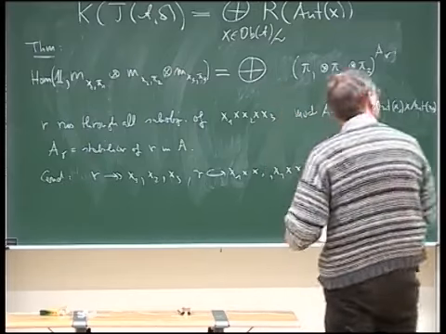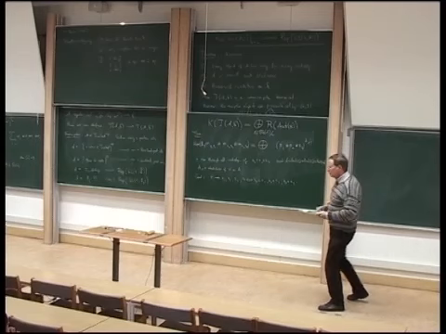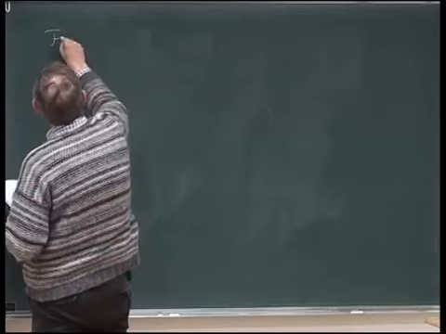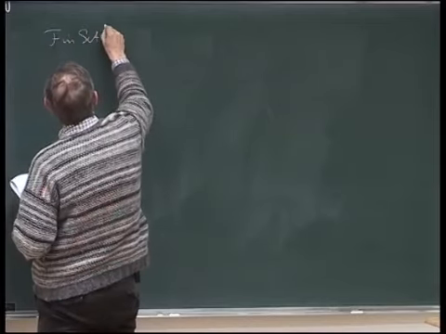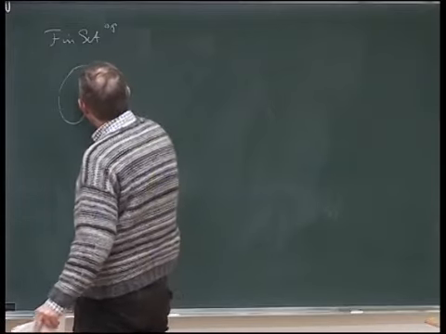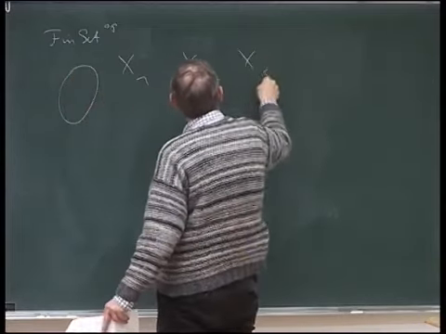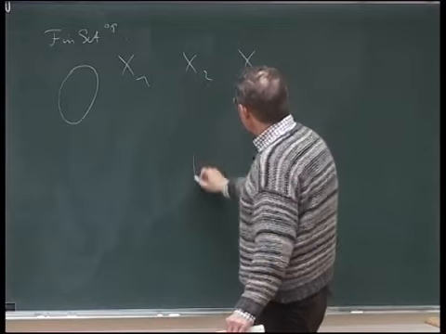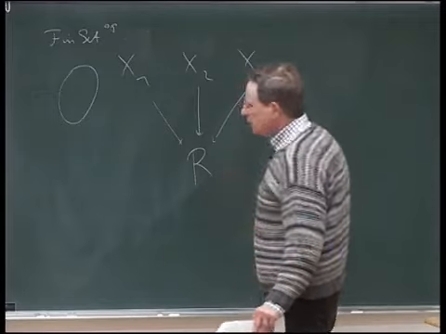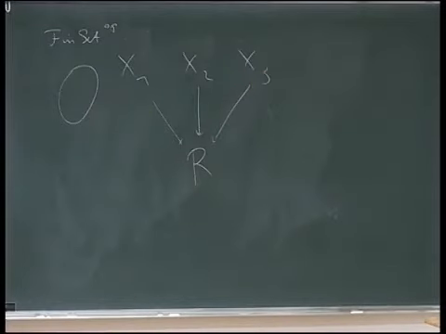Now, if you apply this to fin set op, you get the following. You have three sets, namely x1, x2, and x3, and they are now being mapped to a set R. Now I'm reversing all arrows here.